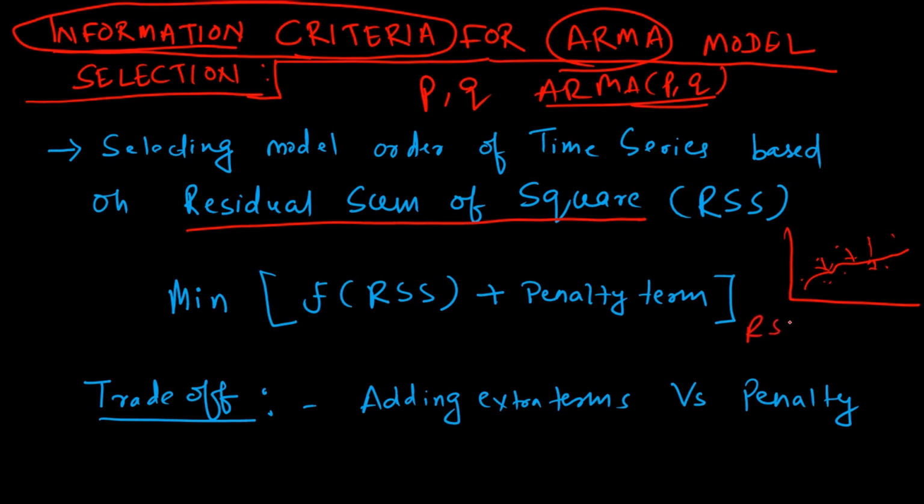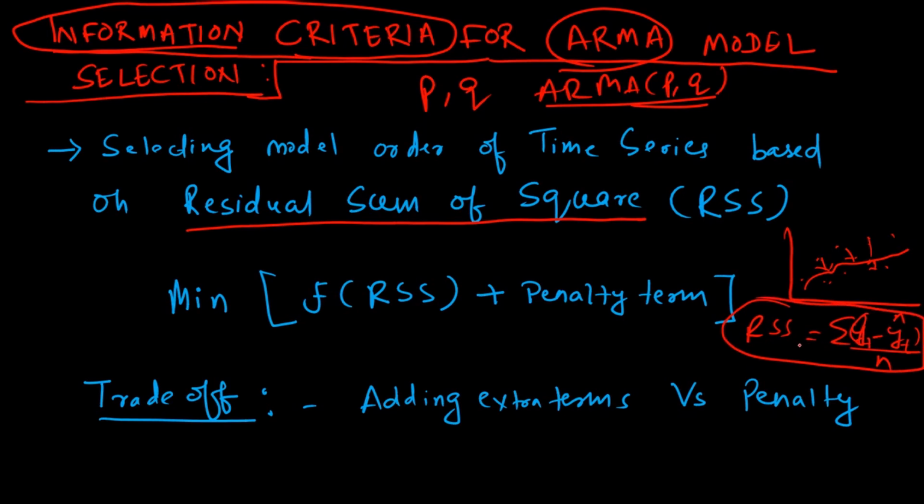RSS, the residual sum of square, is the summation of the actual term y_t minus the estimated term y hat_t, and you can also divide it by the number of observations. That's just a normalization, and we call that the residual sum of square.